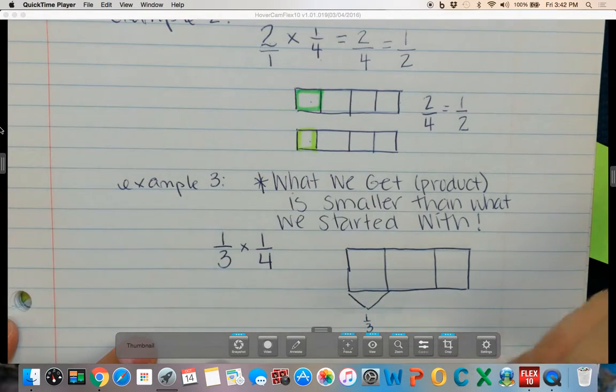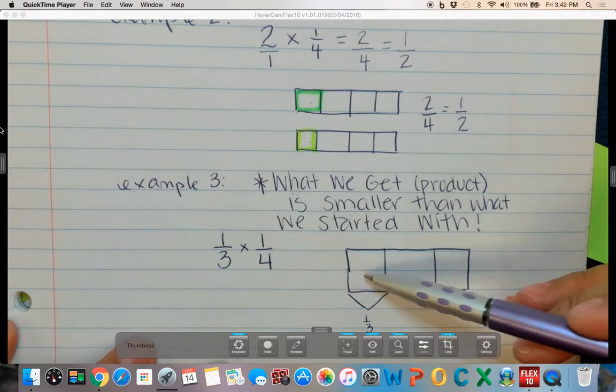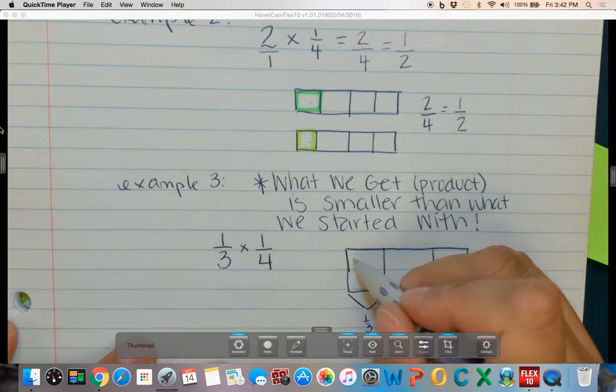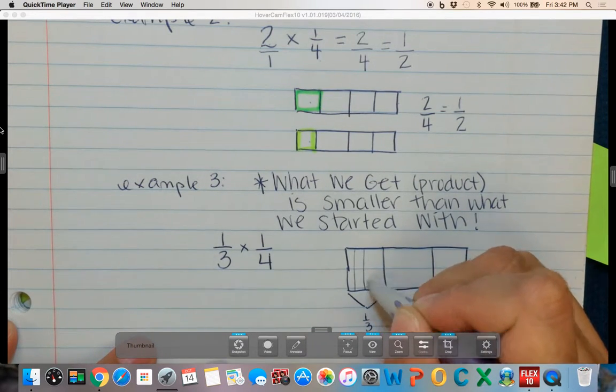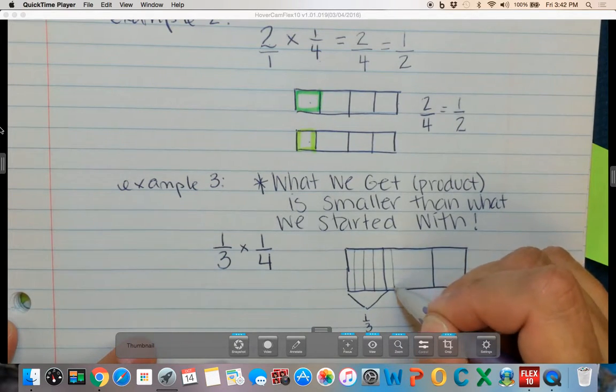I don't have pieces of 4. It wants to know how many pieces of 4 are in this 1/3. So I have to put all of these 3 boxes into fourths. 1, 2, 3, 4. I have to do it for the whole thing.